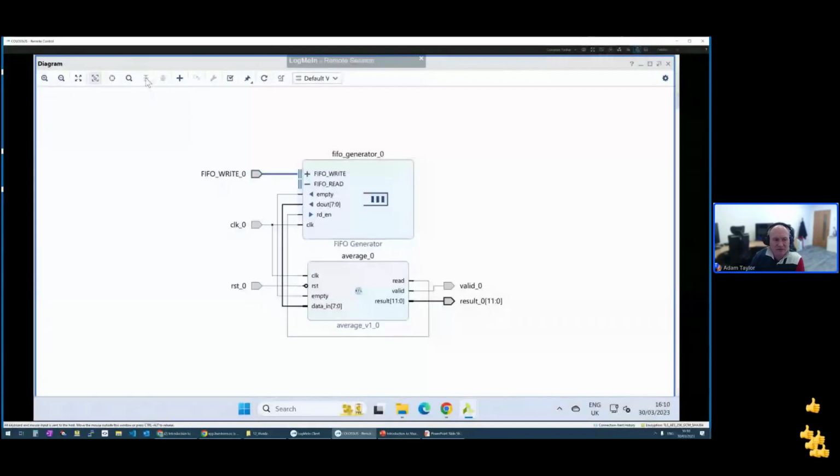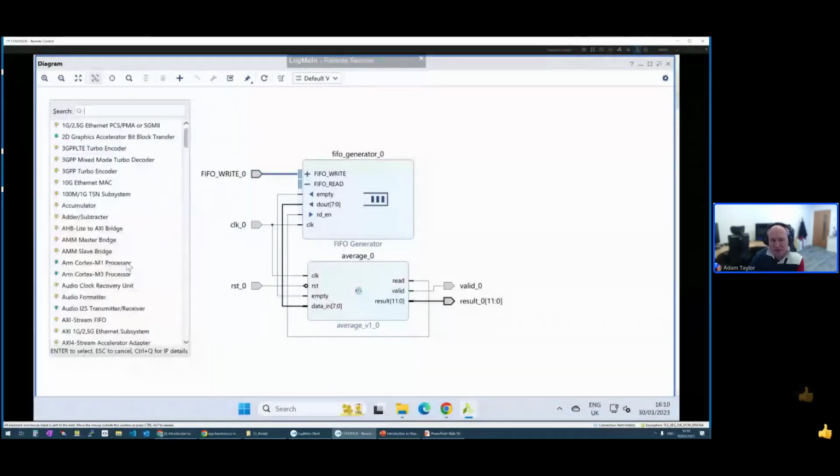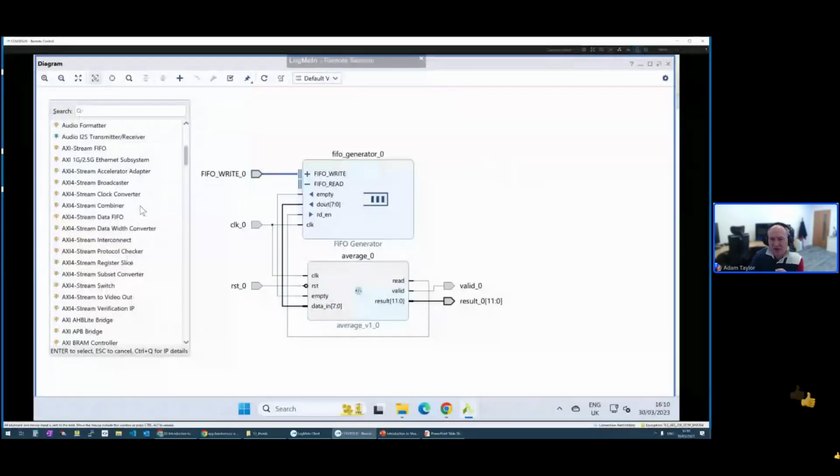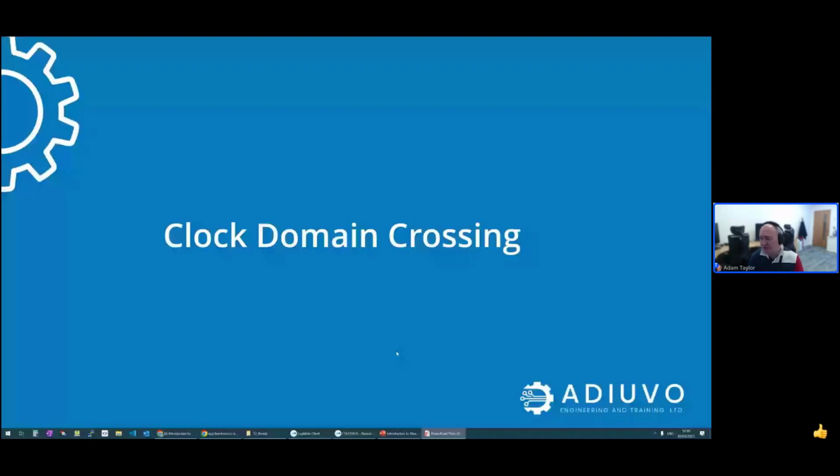And then of course, we've got all of the IP that we want to be able to add into our design and create it from there. So it's a really nice, really flexible way of doing it. There's a couple of things as we go through this, though.